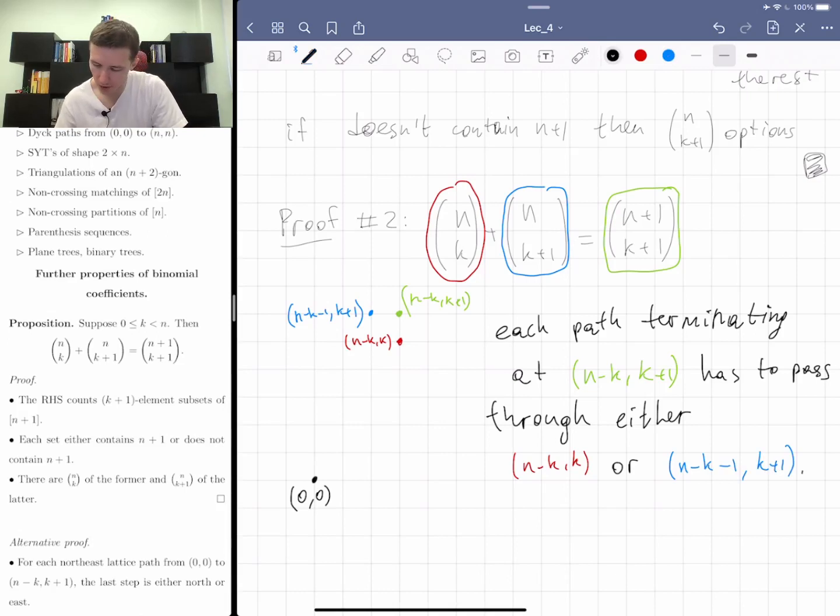Therefore, by the addition principle, you take the sum of these two numbers.